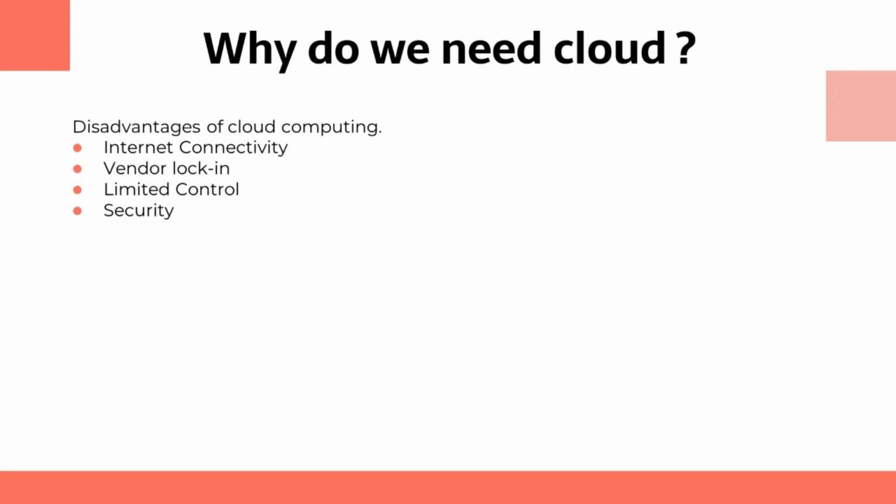These are different platforms: AWS is a different platform, Microsoft Azure is a different platform, Google Cloud Provider is a different platform. When you have hosted your application and it is released to the market, and now you want to safely shift the application from one provider to another, it will be quite difficult. And next comes limited control.